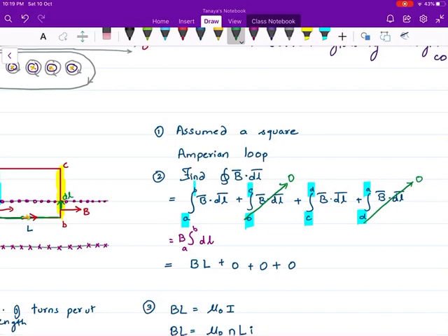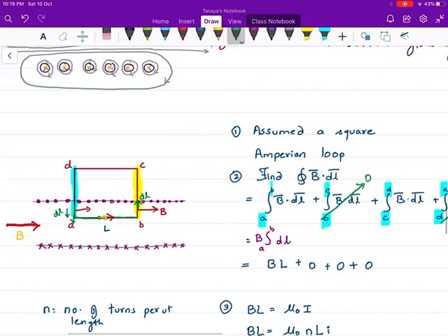Now what about this CD, the loop CD? For this part of the Amperian loop from C to D, is there any magnetic field over here? No. The dl I can show like this. dl is like this, parallel to CD. But the magnetic field outside the solenoid is 0.